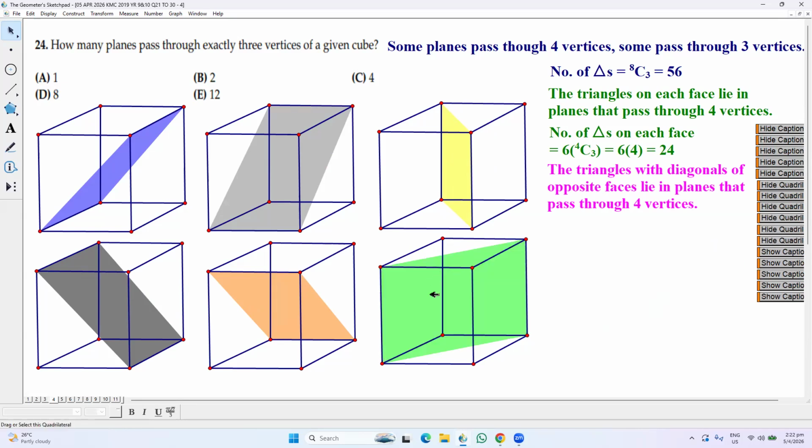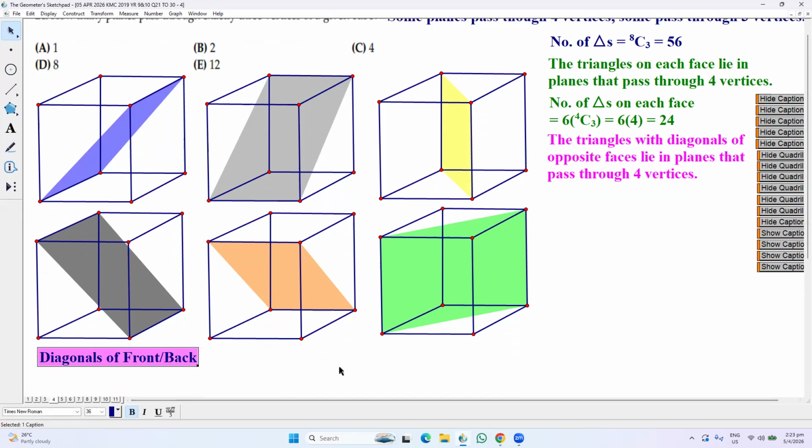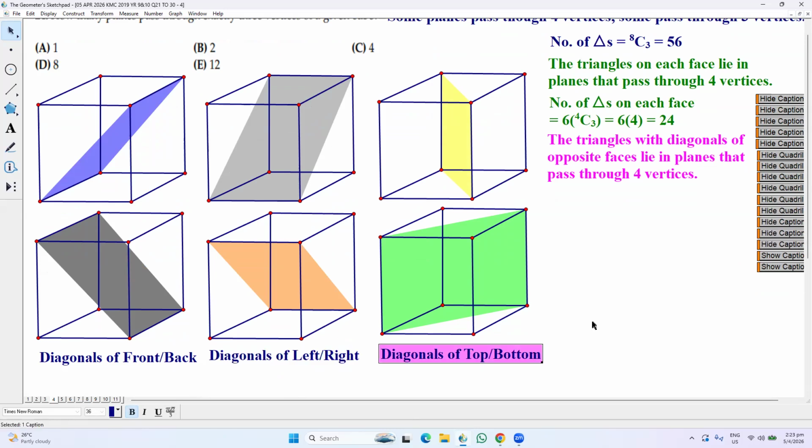Okay. So all this 4 choose 3, you get 4 triangles for all the 6 planes. This one front back, then left and right face, and then top and bottom face.